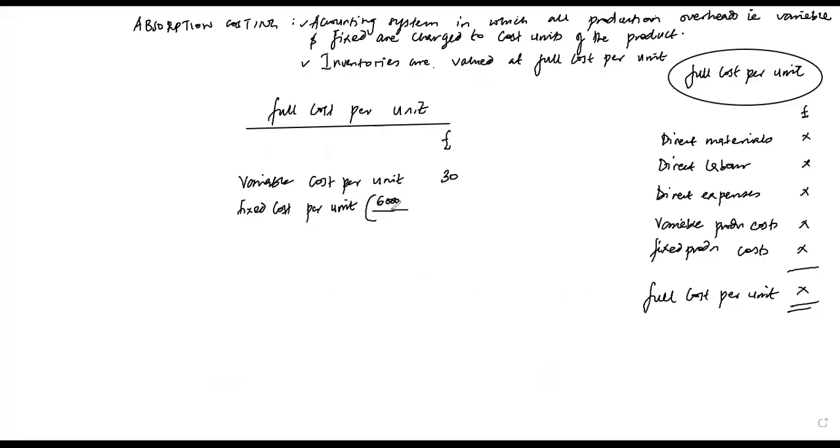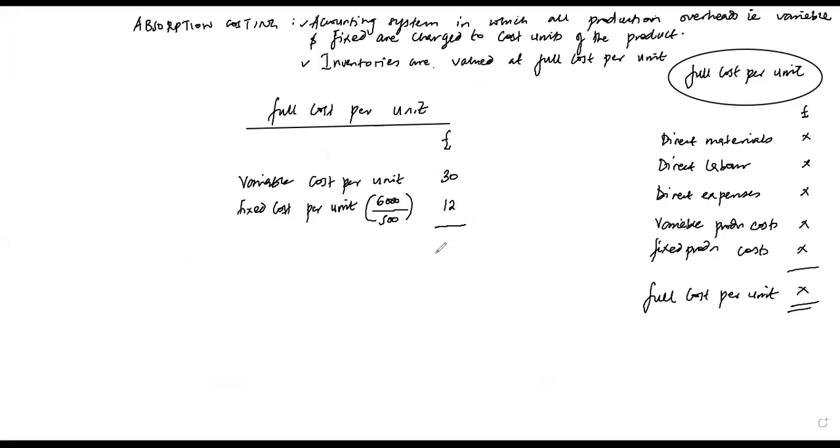So to come up with a fixed cost per unit, we have to get the 6,000 divided by the 500 units to get the budgeted fixed cost per unit. 6,000 by 500, this is 12. This gives us 12.